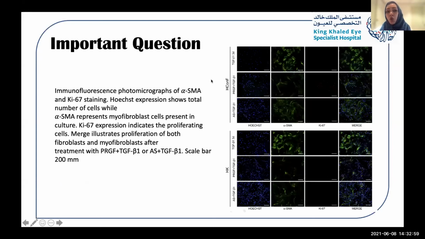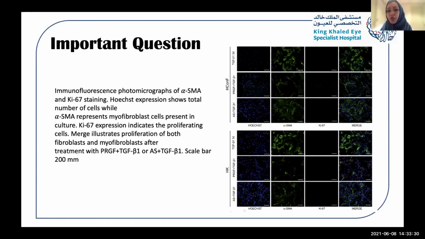They also wanted to see the effect on scarring. So they measured the markers of the myofibroblasts, which is the alpha smooth muscle actin, and they also did immunofluorescence photographs for that. I told you that the transforming growth factor stimulates the myofibroblasts.